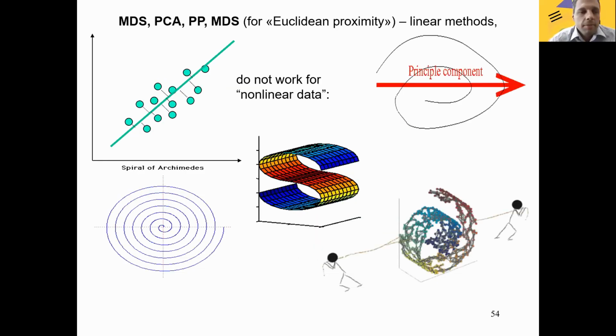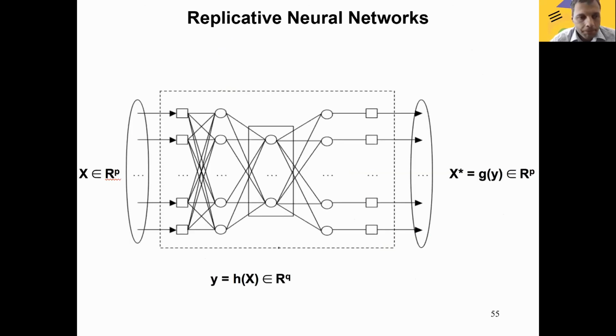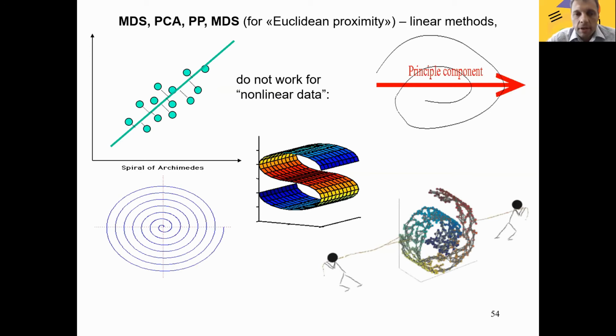And as I said, this is because the real world is nonlinear, and somehow we need to model nonlinear dependencies between coordinates of vectors representing objects. Nowadays, neural networks are often used for this, and there exists a so-called approach based on replicator neural networks, so autoencoders, or, for example, variational autoencoders.